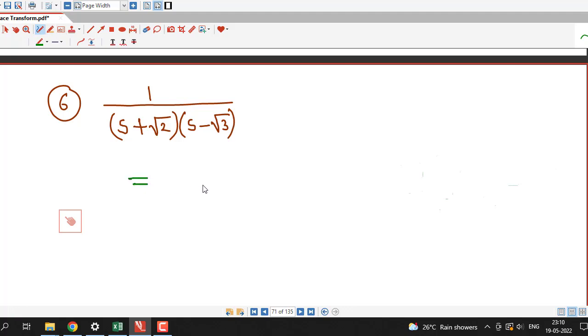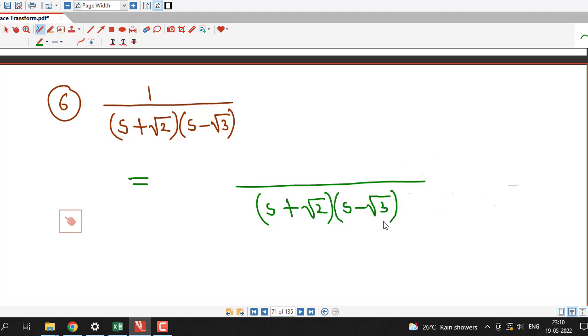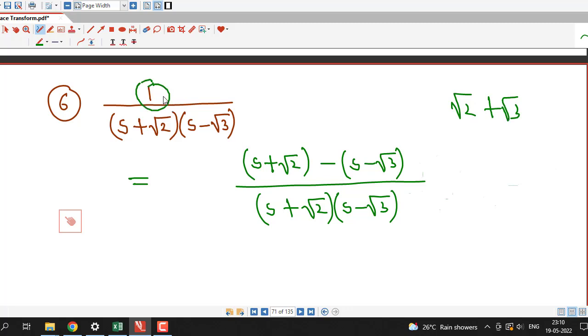For that, I keep these two as they are, s plus square root of 2 and s minus square root of 3, and in the numerator I take the difference of these two, s plus root 2 minus s minus root 3. The difference of these two is square root of 2 plus square root of 3, but here we have 1.